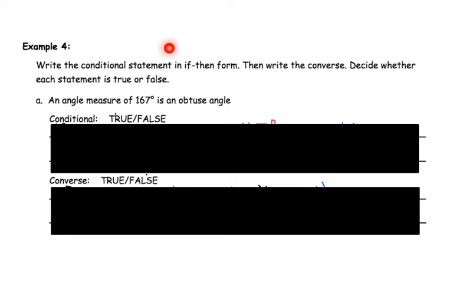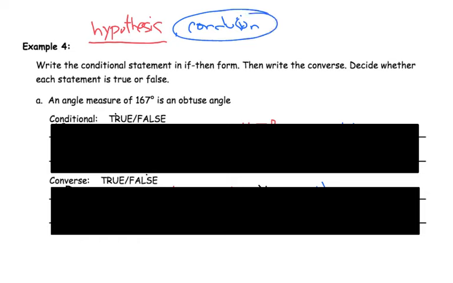I want you to underline the hypothesis, and guess what we're going to do with the conclusion? I know that is so horribly written, but you know what it says: conclusion. We're going to circle it. So just get in the habit of doing that.